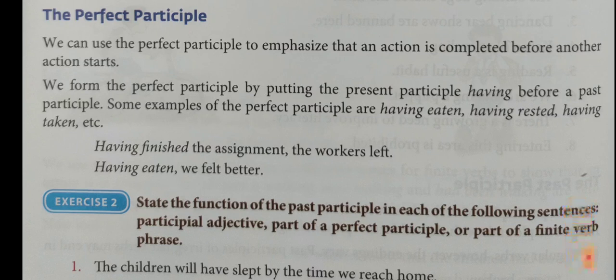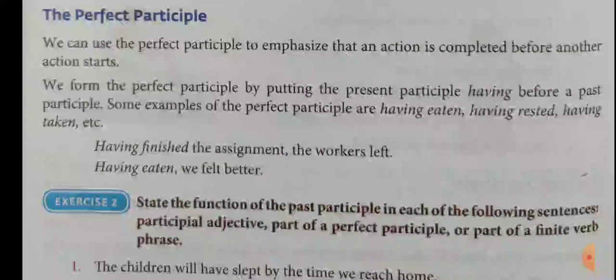We form the perfect participle by putting the present participle having before the past participle. So, the way to form the perfect participle is having plus past participle. Having plus past participle is called perfect participle.